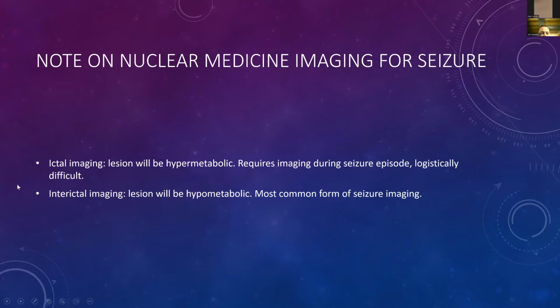So we tend to get interictal imaging, which is much simpler to acquire, but it is nice when we have both the ictal and the interictal, and then we can make comparisons.